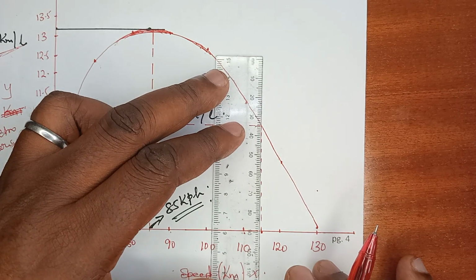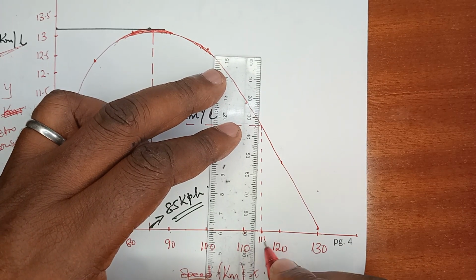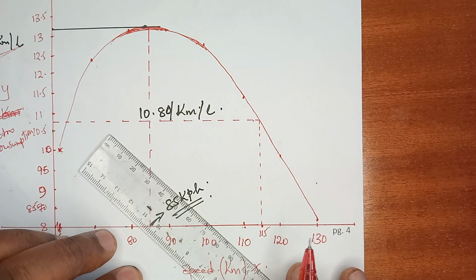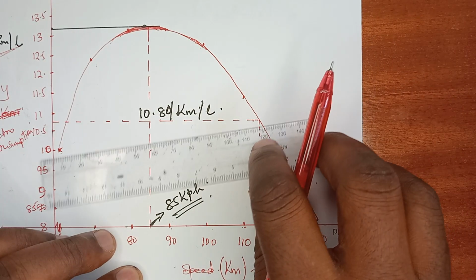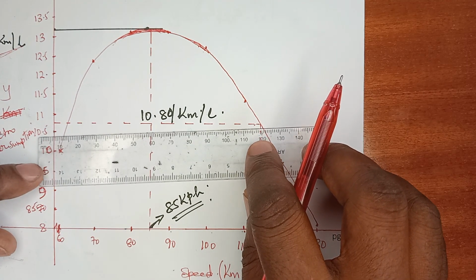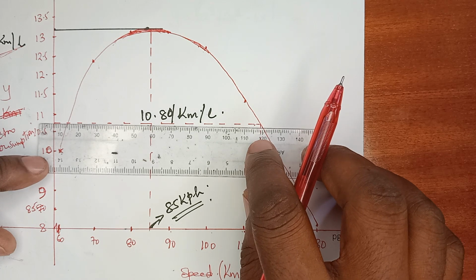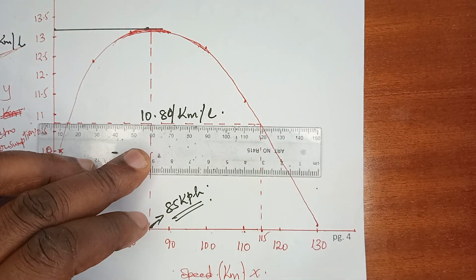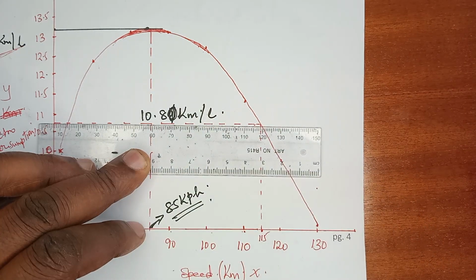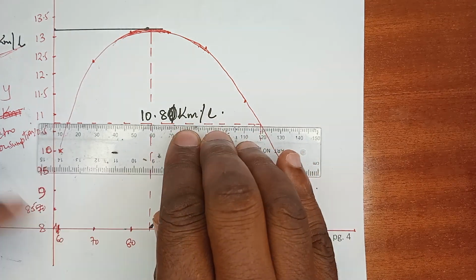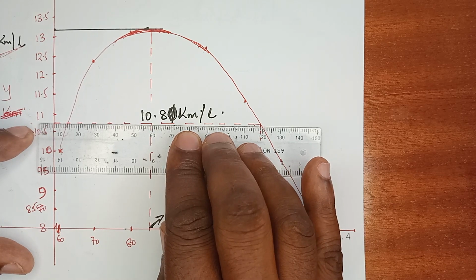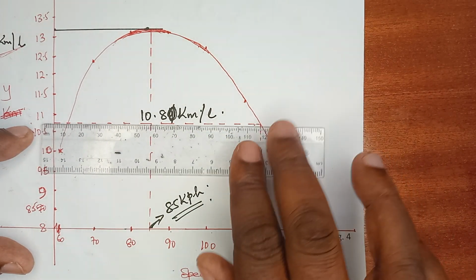You draw a line with a ruler, a dotted line, that meets the graph, and at the point whereby the line meets the graph, you draw a horizontal line now to read the consumption, which is slightly above 10.5, around 10.8 kilometers per liter. That is the consumption when the car is traveling at 115 kilometers per hour.